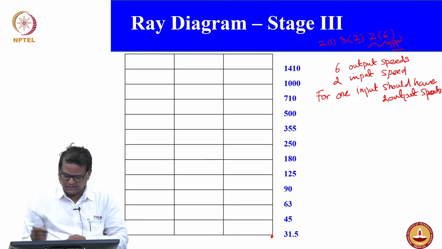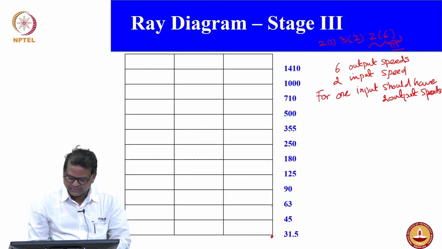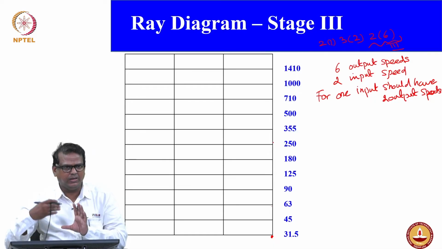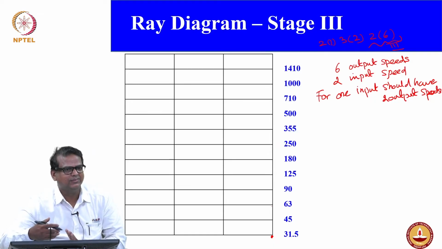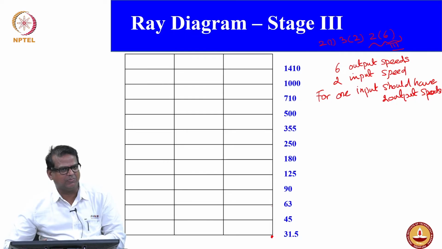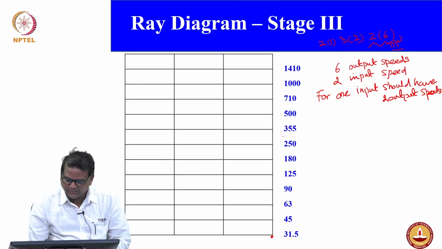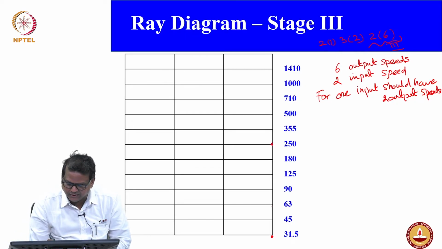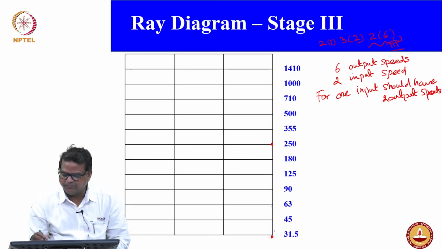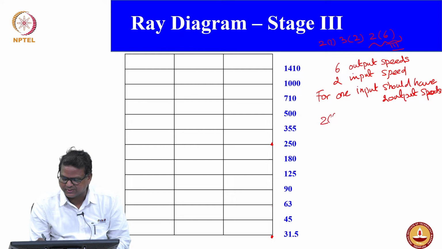That means if you look at 45, 63, 90, 125, 80 and 150, 250, we will have 6 speeds away from the lowest speed. Okay. So the 250 will be the one, these are the 2 points. Clearly I have mentioned this formula is given as 2 of 6.